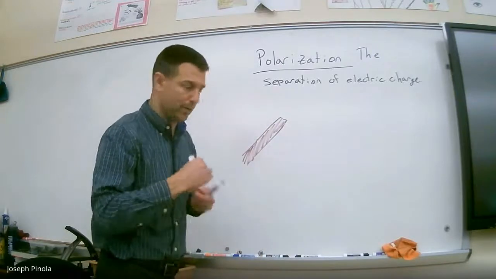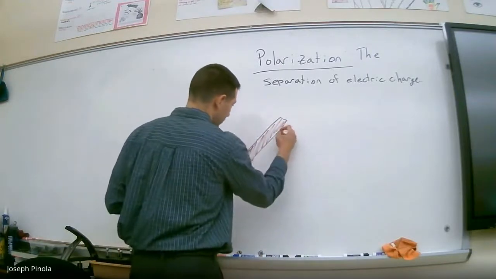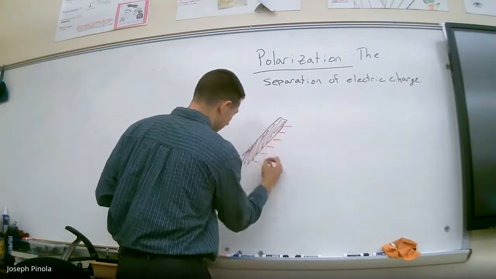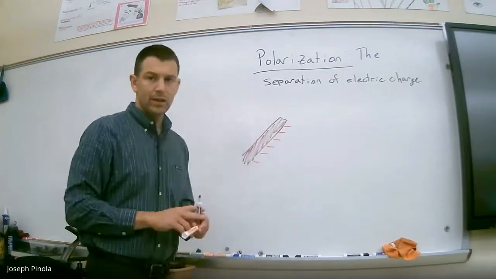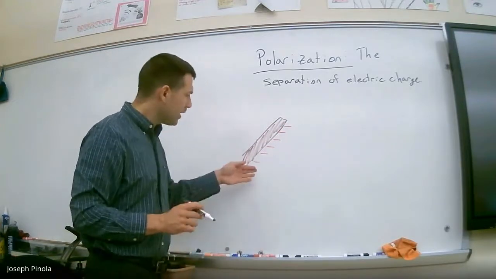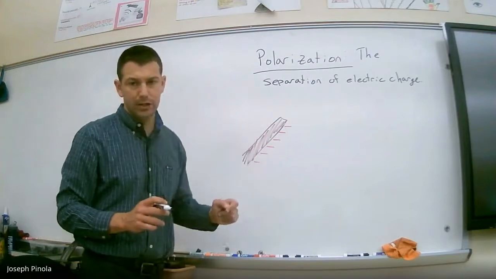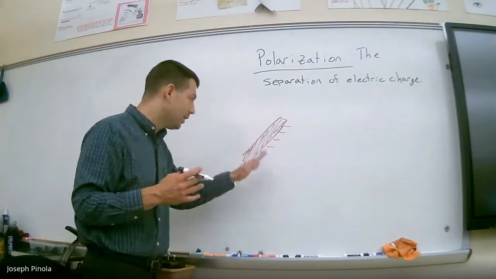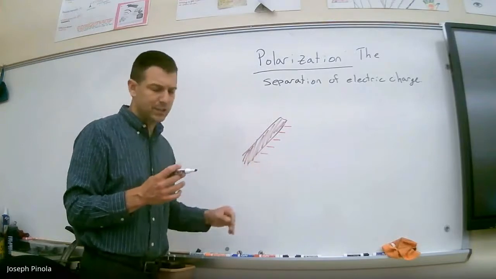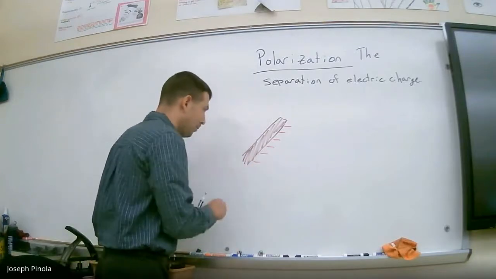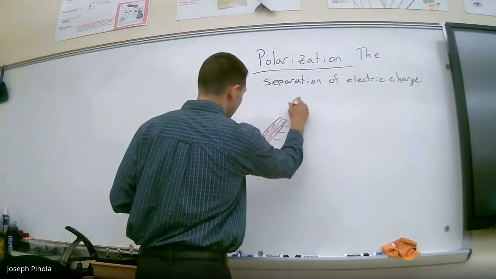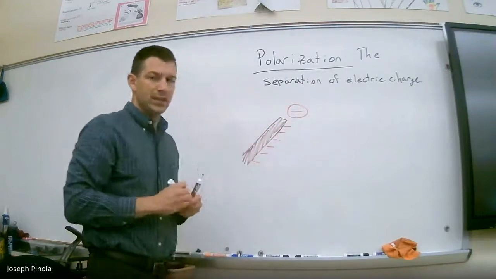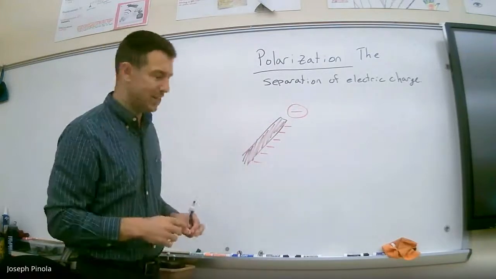I'll shade it in brown, and I will draw a bunch of little negative charges on the rod. Now, we know that there are positive charges in the rod as well. I haven't added so many negatives that the positives are gone, but there are more negatives than positives, making the rubber rod overall negative. In other words, it has a net negative charge.